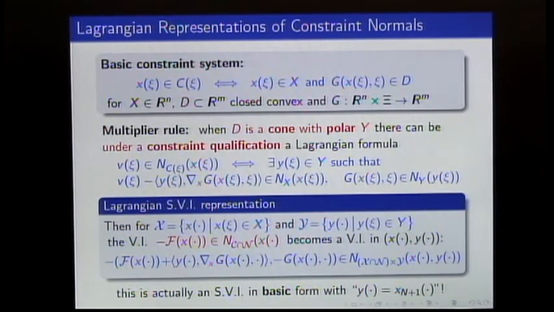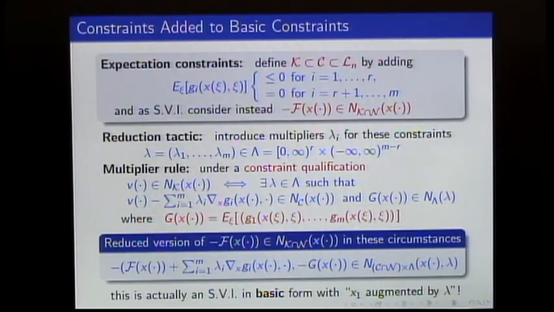If this D is a cone and its polar is Y, then you get some way of calculating the things, and so then you will expand your problem into a representation in which multipliers will come in. And there's some way that it still fits as a stochastic variational inequality in basic form.